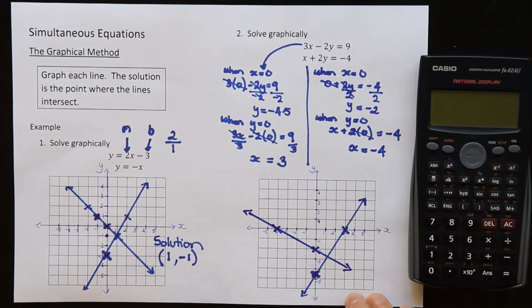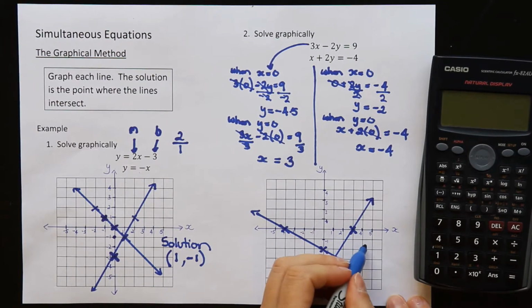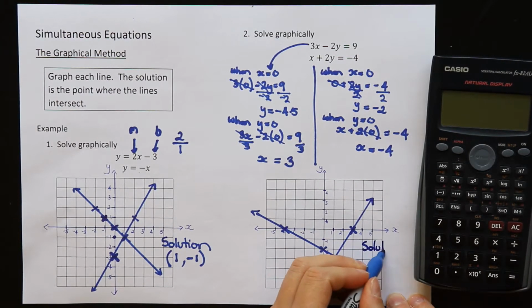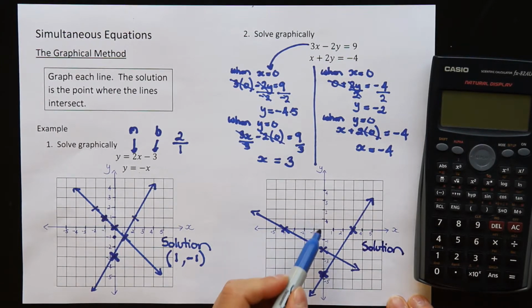Use a ruler to draw a straight line. Then we need to try to read our solution. Okay, so my solution, we have to try and read off here as best as we can.